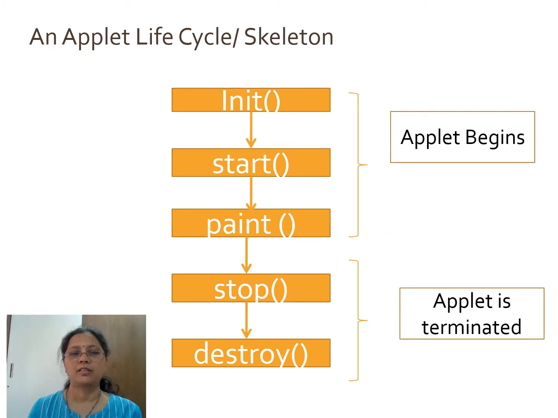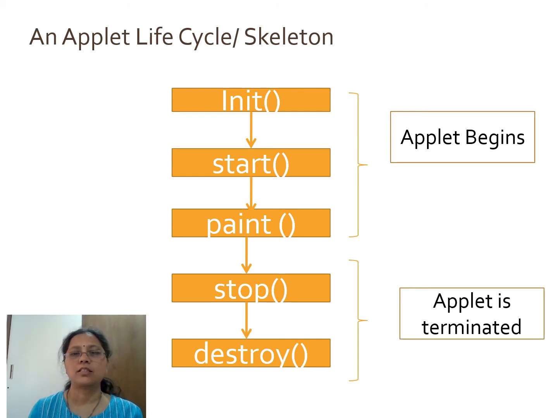Applet lifecycle has these 5 important methods. Out of these 5 methods, first 3 methods, that is init, start, and paint, are called when applet begins, while the last 2 methods, that is stop and destroy, are called when applet terminates.